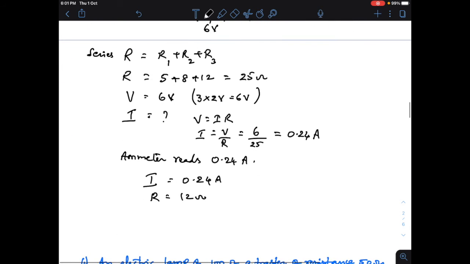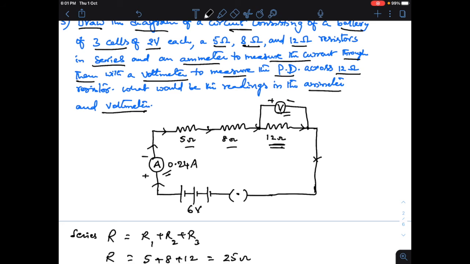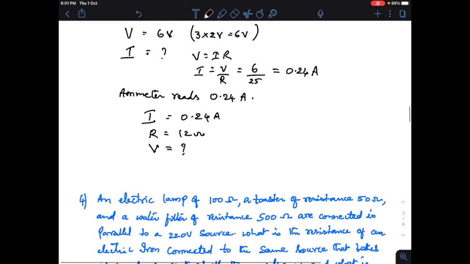Now what is the voltage across this 12 ohms resistor? Because it is given that the voltmeter measures the potential difference across the 12 ohms resistor. So we have to calculate across 12 ohms. Again V is equal to IR. So that is equal to 0.24 into 12.